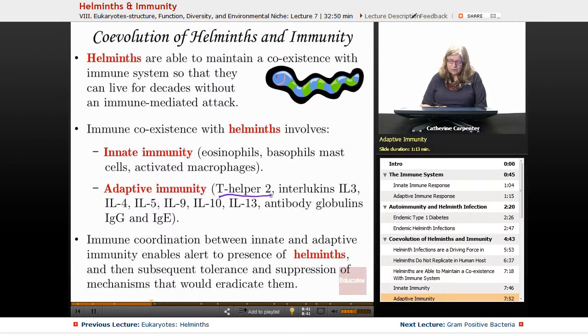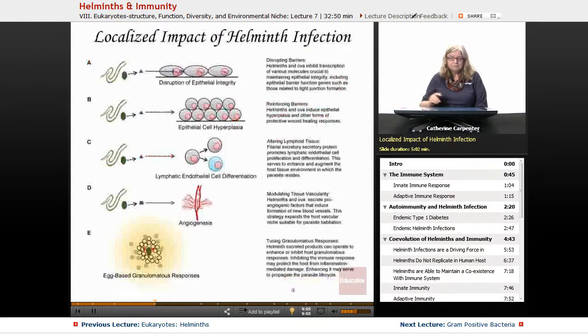And the immune system basically develops tolerance and suppresses mechanisms that would certainly eradicate this helminth. So there's this whole crosstalk between the helminth and the immune system in relationship to all of these mechanisms.